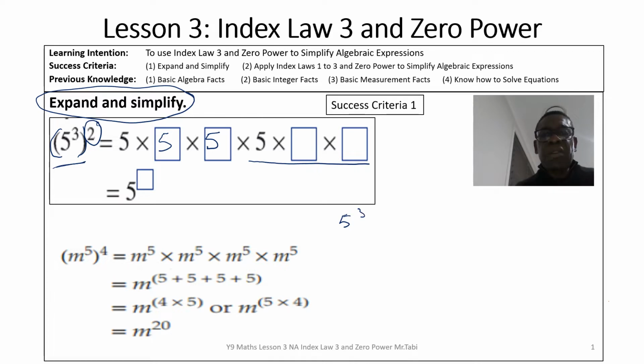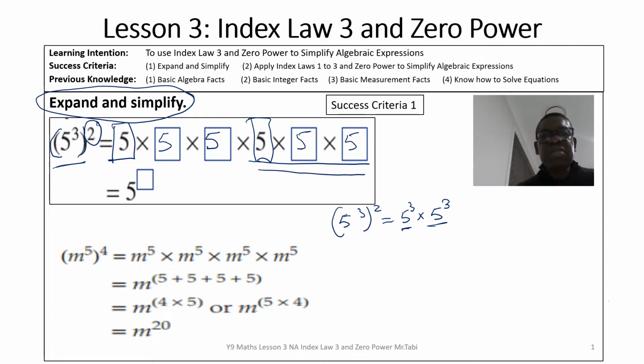5 to the power of 3 all squared is simply 5 to the power of 3 times 5 to the power of 3. So this 5 to the power of 3 is 5 times 5 times 5. And the second 5 to the power of 3 is also 5 times 5 times 5.